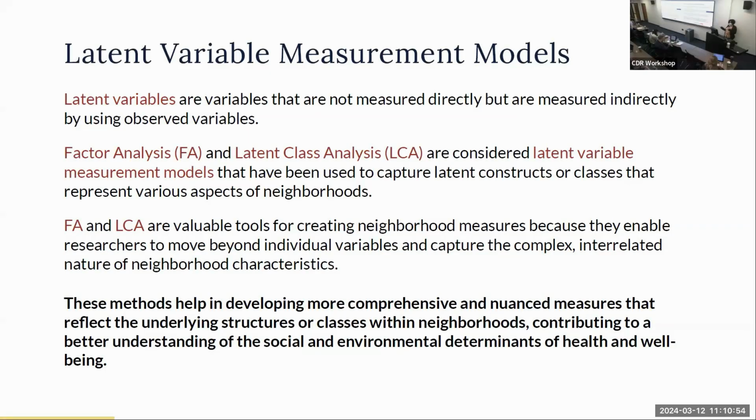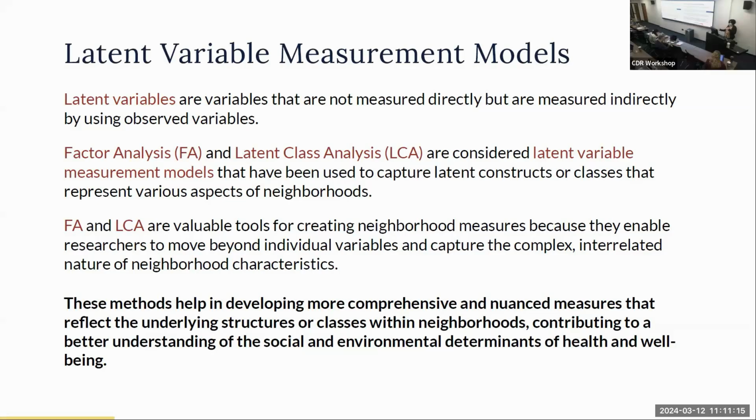But FA and also latent class analysis, also known as LCA, are considered latent variable measurement models. Okay, so they're in the same wheelhouse, and they're being used not just by people like me or people in this room, but by a bunch of researchers to capture these latent constructs or classes that do represent various aspects of neighborhoods.